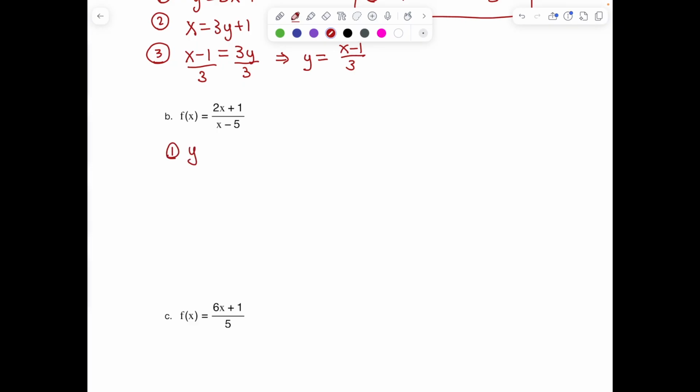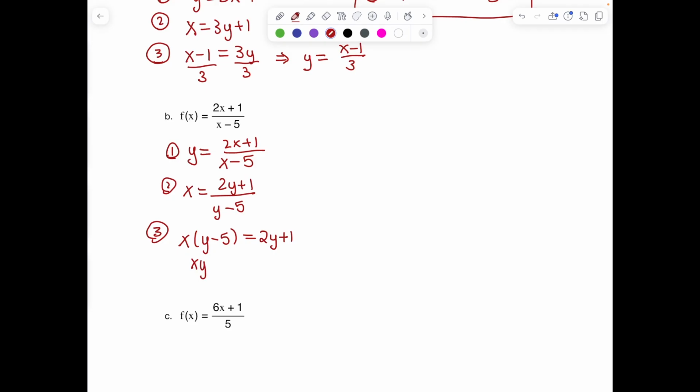Okay, let's do problem B. So first, y equals 2x plus 1 over x minus 5. 2, we need to swap: x equals 2y plus 1 over y minus 5. 3, let's solve. X times y minus 5 equals 2y plus 1, so xy minus 5x equals 2y plus 1. Let's now move this one and move the 2, so plus 5x on both sides. So I get xy equals 2y plus 5x plus 1.